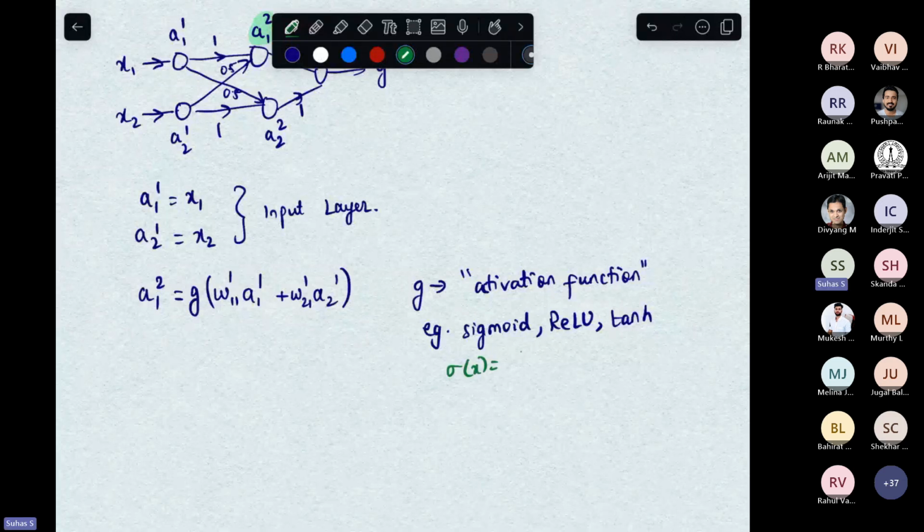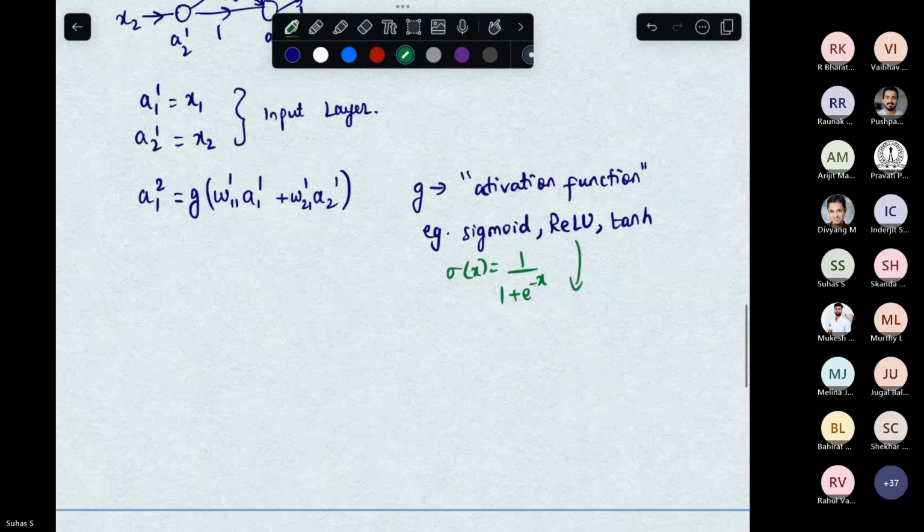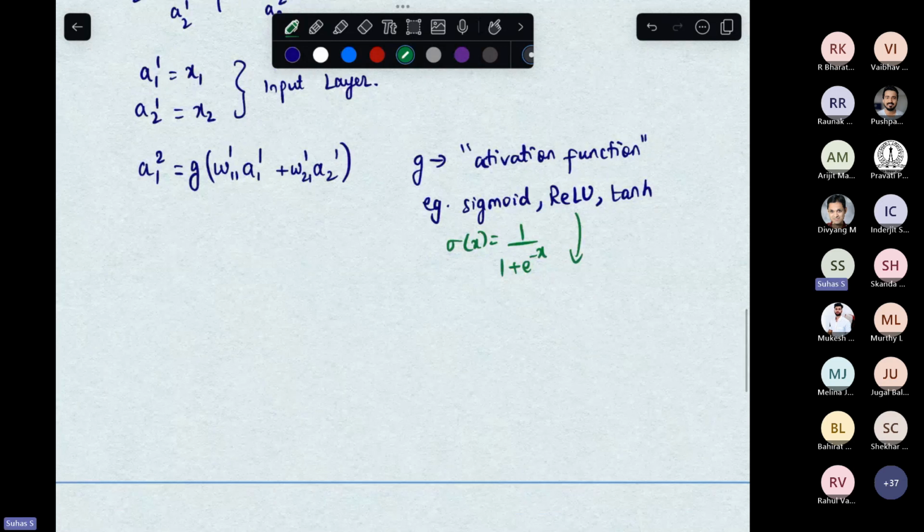Sigmoid of x is 1 by 1 plus e power minus x, and the ReLU function is g of x equals x when x is greater than or equal to 0, and 0 if x is less than 0.